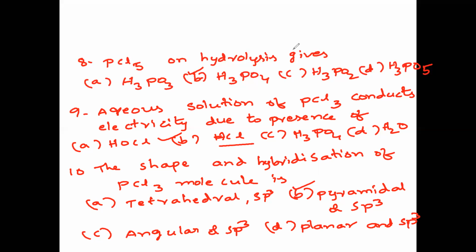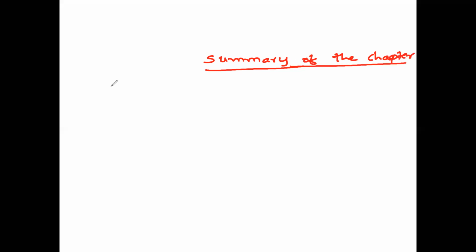So these are the maximum possible questions I have given. Some other questions you can also easily understand by seeing the lectures. Now we'll see the summary of the chapter. So 15th group elements is finished. In this, first we have done general physical properties: electronegativity, atomic size, ionic radius, atomic radius, and so on.